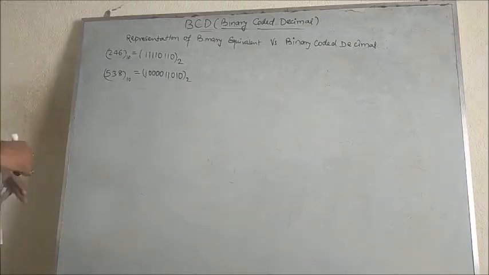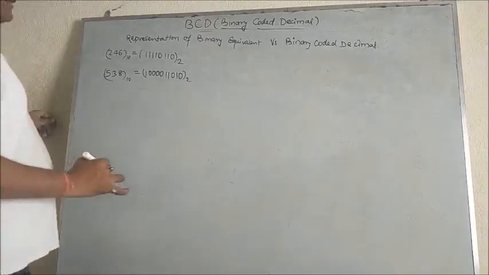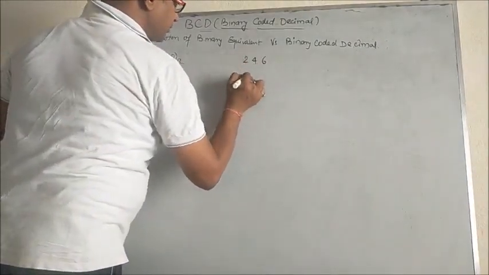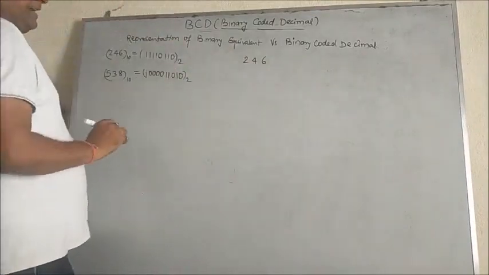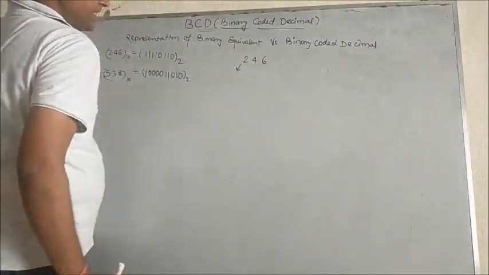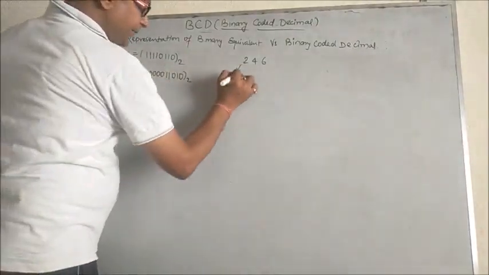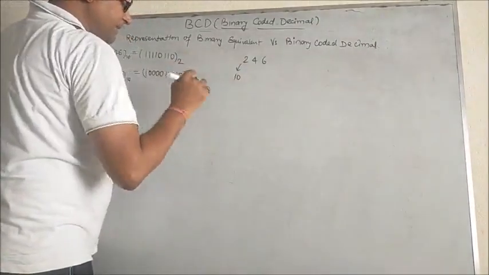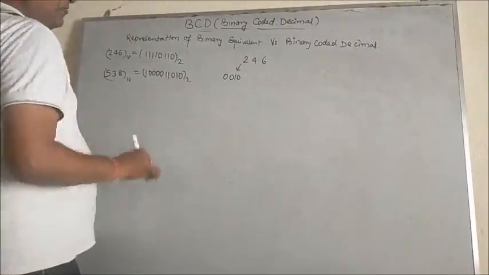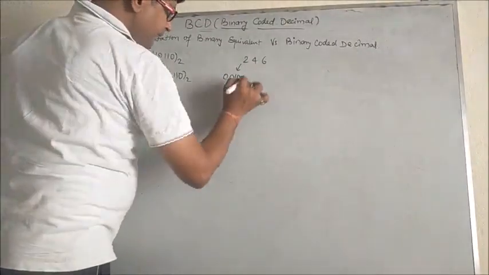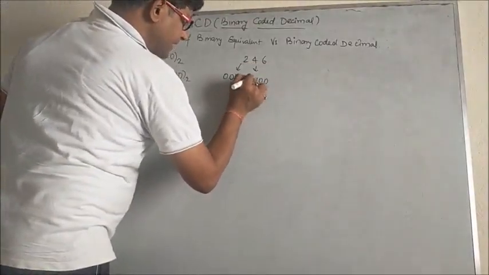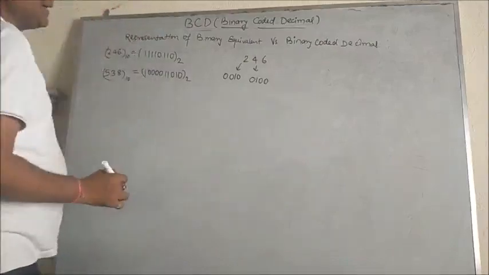So let's start with the first one, that is 246. How will 246 be represented? Take separately the binary equivalent of each digit in 4-bit representation. So 2 will be represented as 10, but in BCD code it will be 0010, right? How will 4 be represented? 4 will be 100, but in BCD it will be 0100.